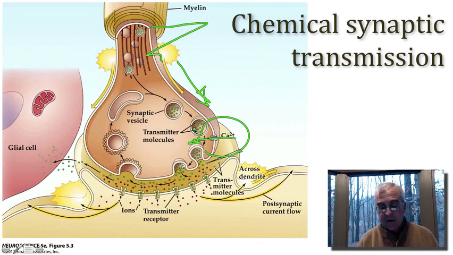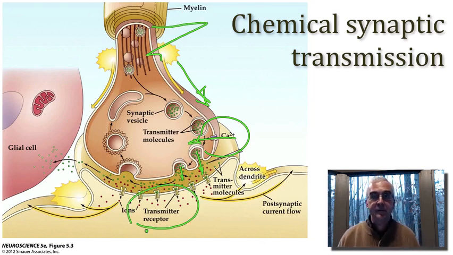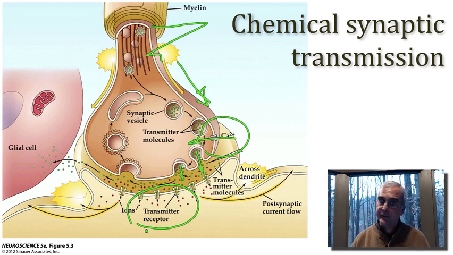Calcium rushes into the presynaptic terminal, interacts with synaptotagmin, and that causes the SNARE complex to pull together the membranes of the synaptic vesicle and the presynaptic terminal. That generates a fusion pore, and neurotransmitter then can diffuse out of the synaptic vesicle, where it can interact with neurotransmitter receptors on the postsynaptic surface. That's what we're going to talk about mainly in this tutorial.